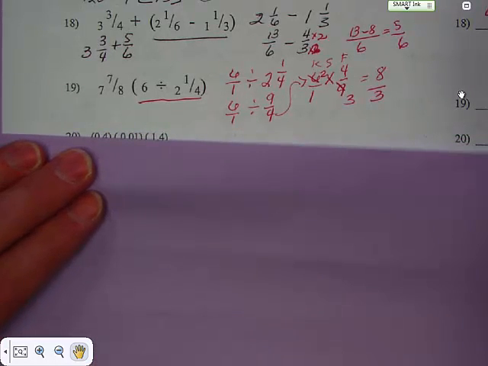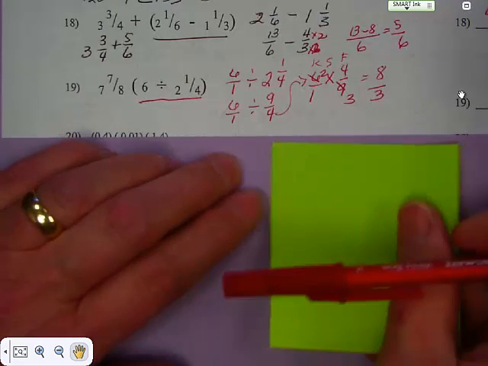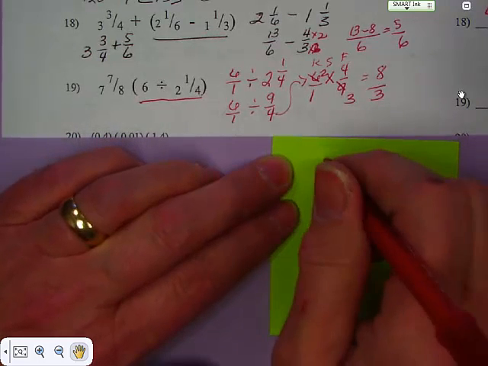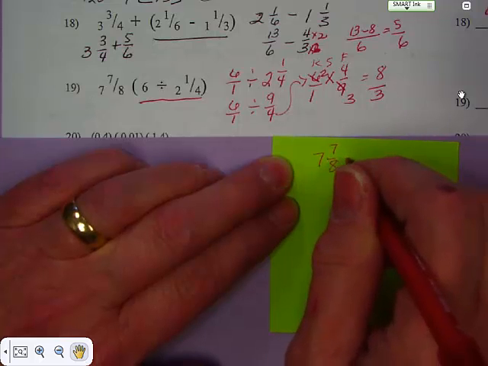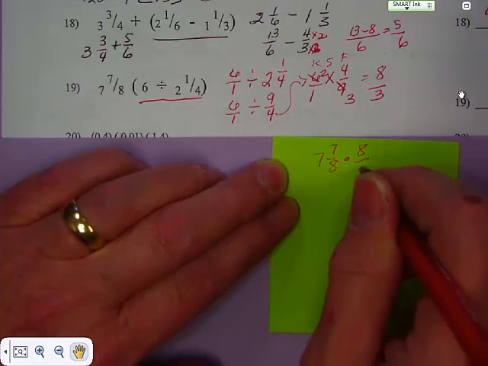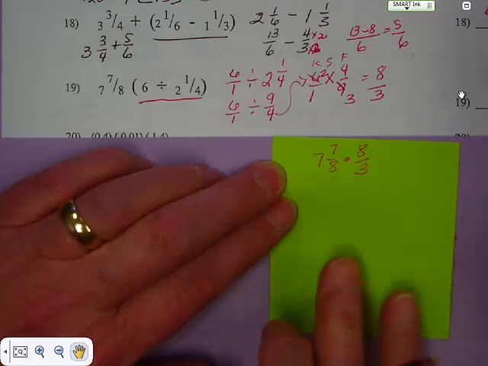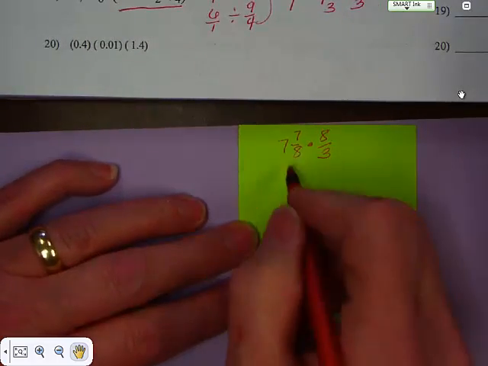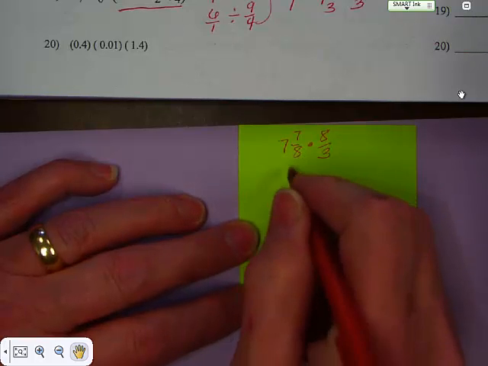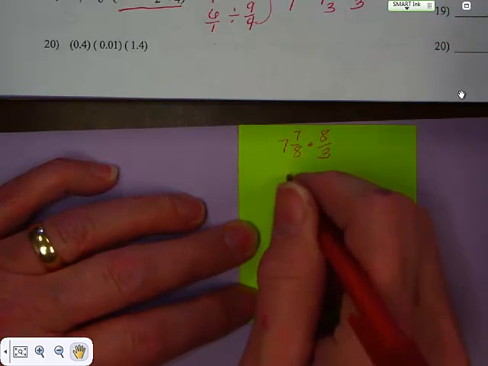Okay. And then we have to take 7 7/8 times 8 over 3. Okay. And when we do that, we end up with 7 times 8 is 56, right?